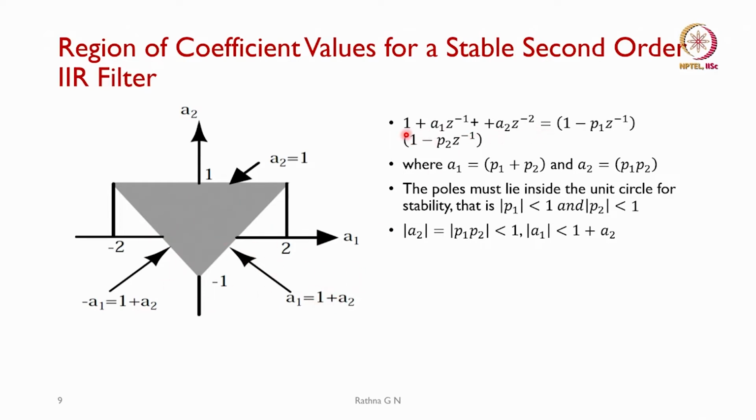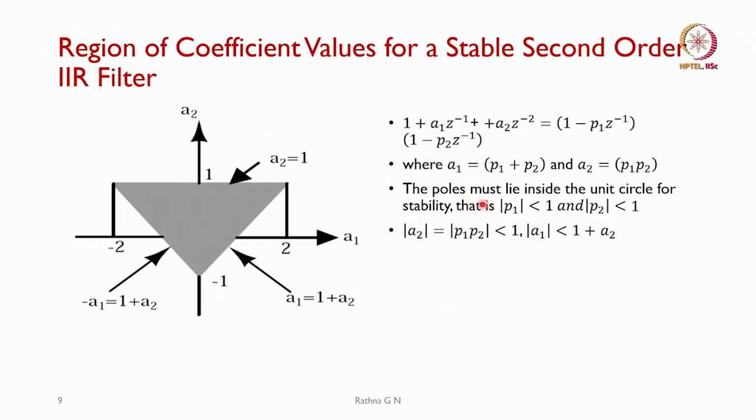We consider the feed backward section and analyze it. We have 1 plus A1 into Z minus 1 plus A2 into Z minus 2, which is nothing but 1 minus P1 into Z minus 1 into 1 minus P2 into Z minus 1. So, A1 is equal to minus P1 plus P2 and A2 is P1 into P2.